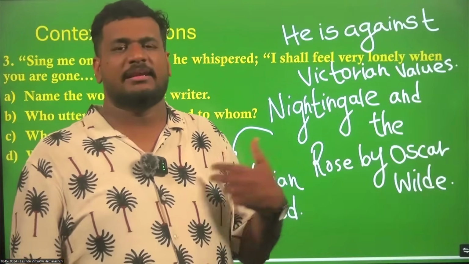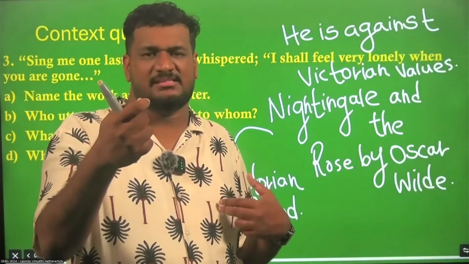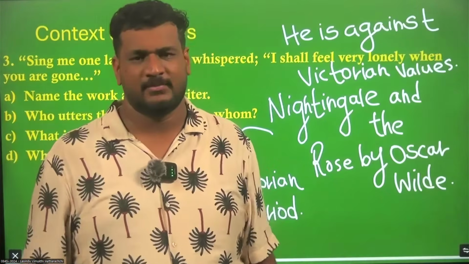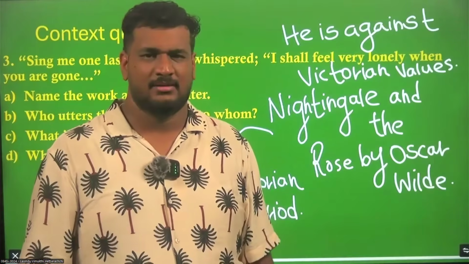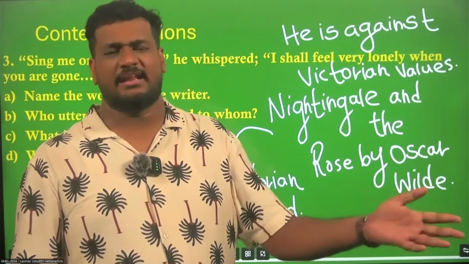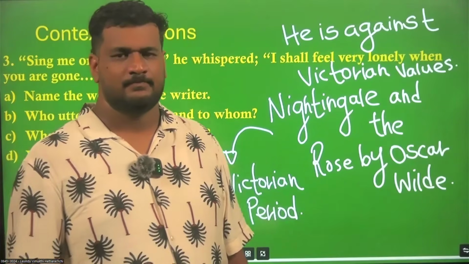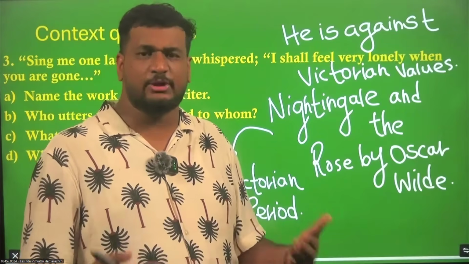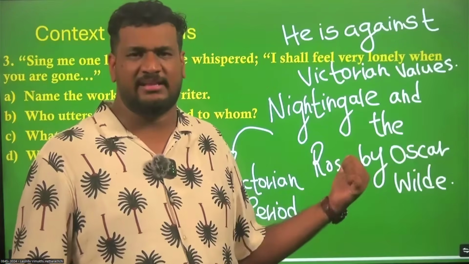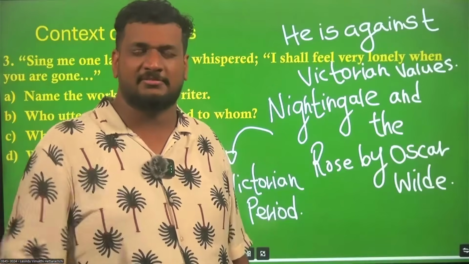But later the readers realize the nightingale's sacrifice is washed away, thrown away. Neither the boy nor the girl pays any attention towards this beautiful red rose. So whatever sacrifices you do in Victorian society, you will not be recognized, even if you sacrifice your life.